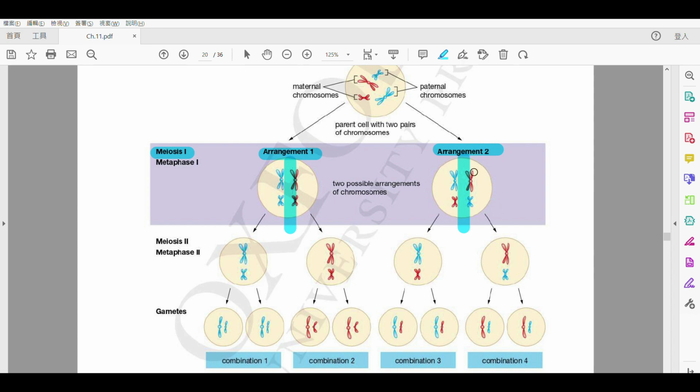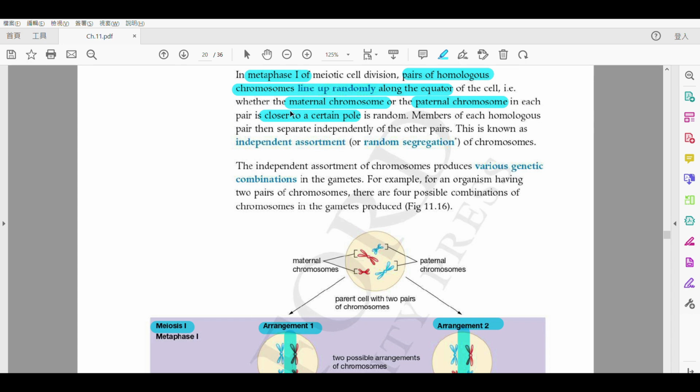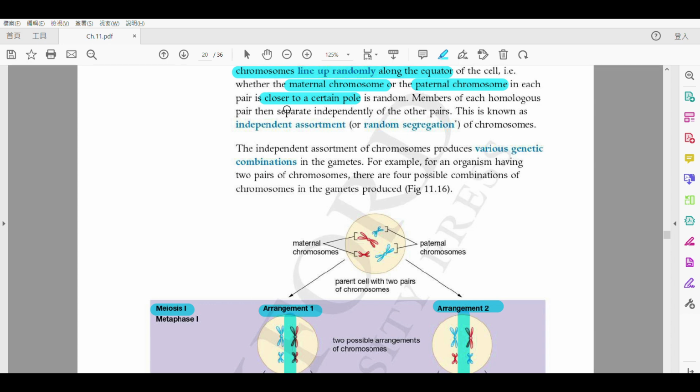得唔得？OK? 好啦，所以啦，我哋就會知道咯。OK, maternal, paternal chromosomes 其實可能係 they line up randomly and they may be closer to a certain pole, 可能淨係近啲某一個嘅極位嗰度嘅啫，得唔得？好啦，然後啦, they separate independently.